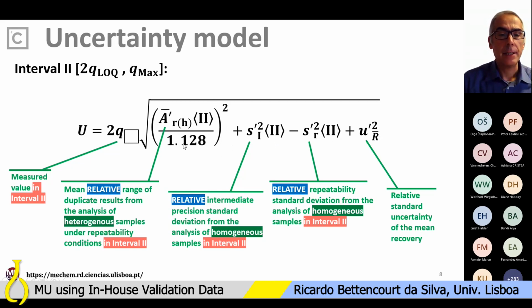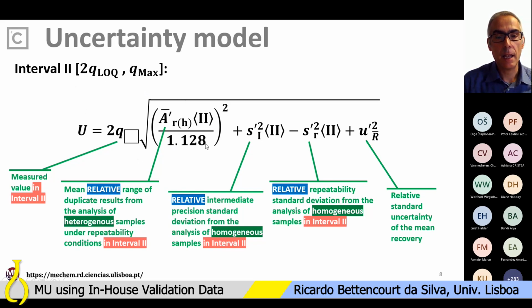The first term is equivalent to the first term inside the square root in the equation presented previously, but here we have a relative range of duplicates of the analysis of heterogeneous samples obtained under repeatability conditions in interval 2, above 2 times the limit of quantification.